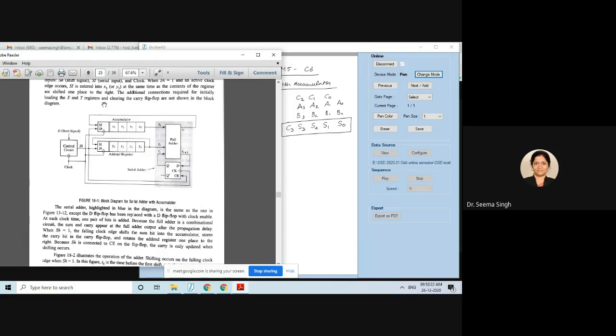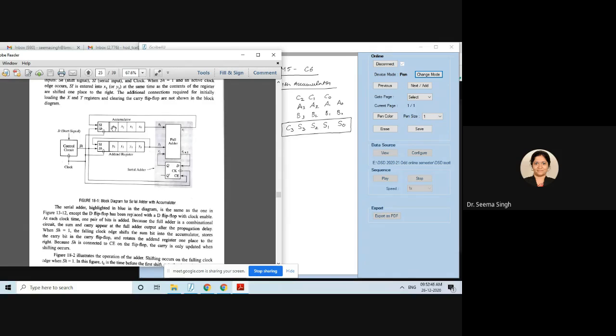So you people note it down. SI means serial input. So this S0 goes here, and with this serial input it goes and sits at this place. When you get your S0 here with serial input, it will go and sit on X3 only. Why? Because it is a 4-bit register only.